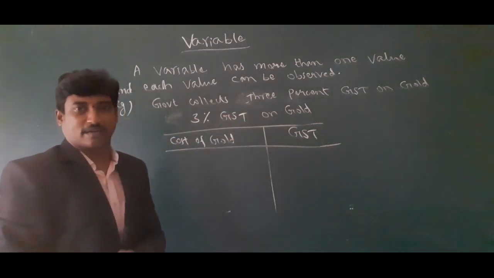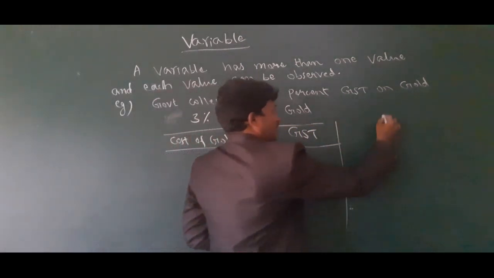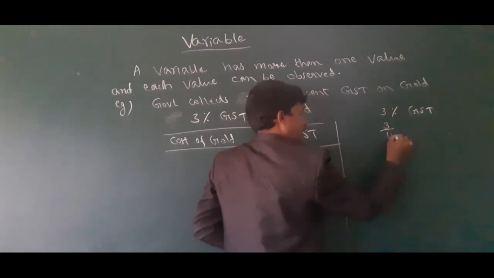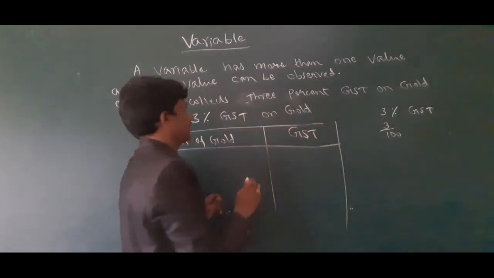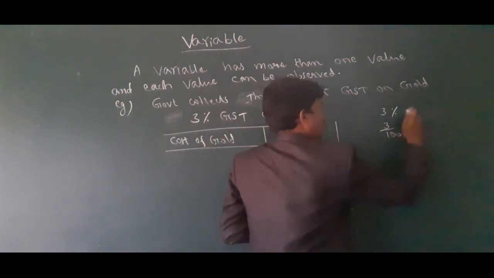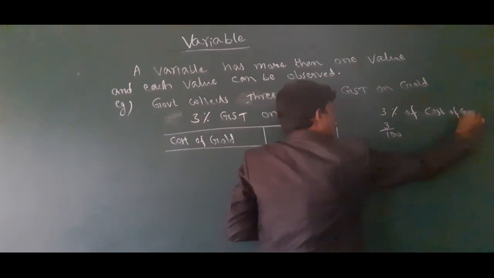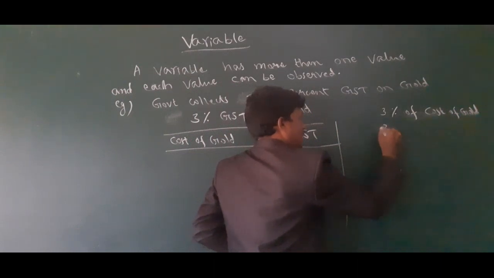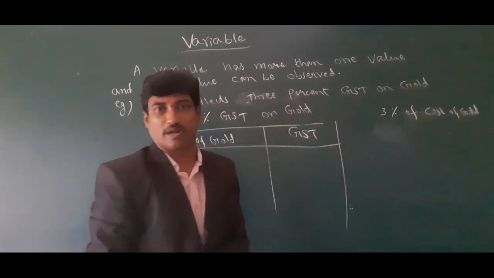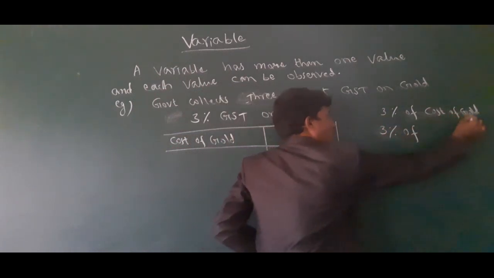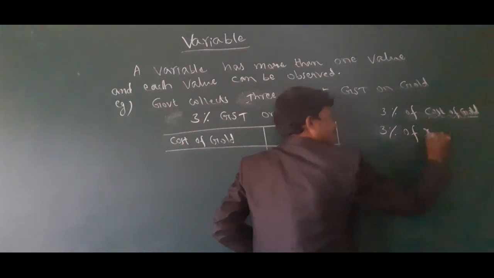GST is 3%. That means 3 by 100 of the cost of gold. We don't know what the cost of gold is at present, so I am taking it as x.